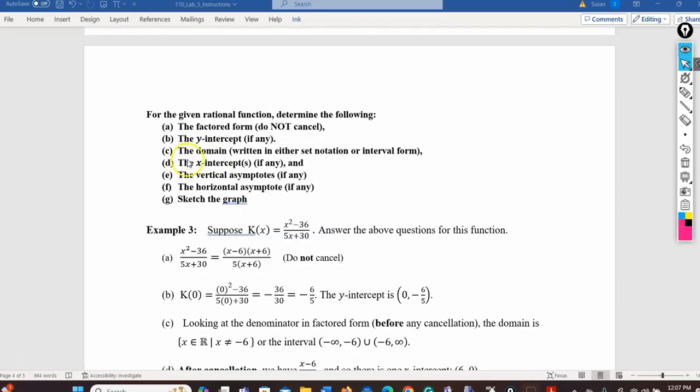Now, the next thing they want is the x-intercepts and vertical asymptotes. So with x-intercepts and vertical asymptotes, this is after cancellation. Now you go and cancel. So after cancellation, you have x minus 6 over 5.